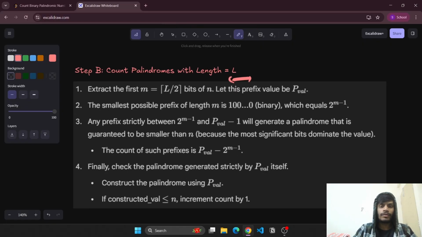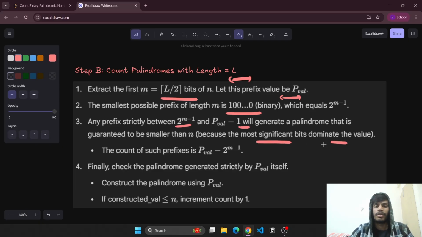So we'll extract the first L by 2 bits. Let this prefix value be p-val. The smallest prefix possible will be 100, which is simply 2 to the power m minus 1, and any prefix which lies from 2 to the power m minus 1 to p-val minus 1 generates a palindrome which is strictly smaller, because the most significant bit dominates the value. Hence the count of such prefixes will be simply p-val minus 2 to the power m minus 1.